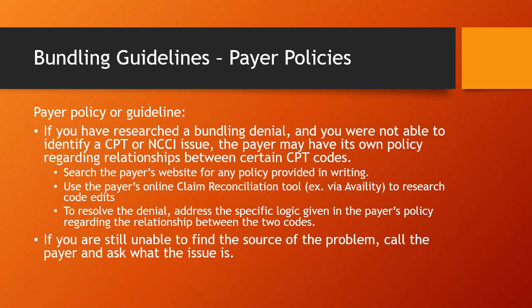I usually do a second check to make sure I didn't miss anything, but if there's nothing in the CPT instructions, there's nothing in NCCI, and I'm still getting a denial from that insurance company, then I know what I have on my hands is a payer policy or guideline that specific insurance company has created, and then I'm going to have to look and see what their guidelines are and deal with that.